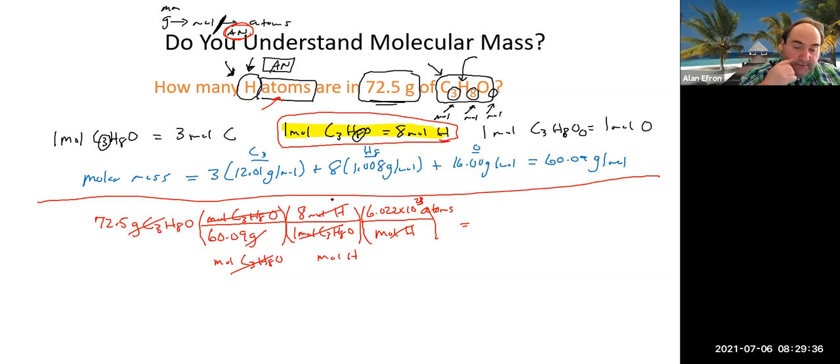Going to hit equals. We're then going to come back and divide what's on the bottom, which looks like it is only 60.09. And that gives us 5.81 times 10 to the 24 atoms of hydrogen.